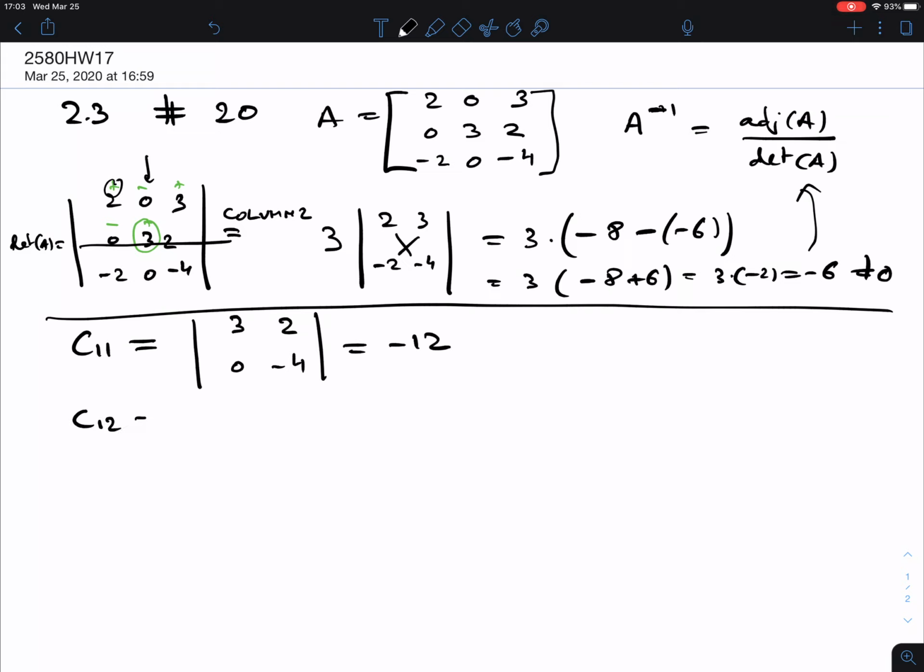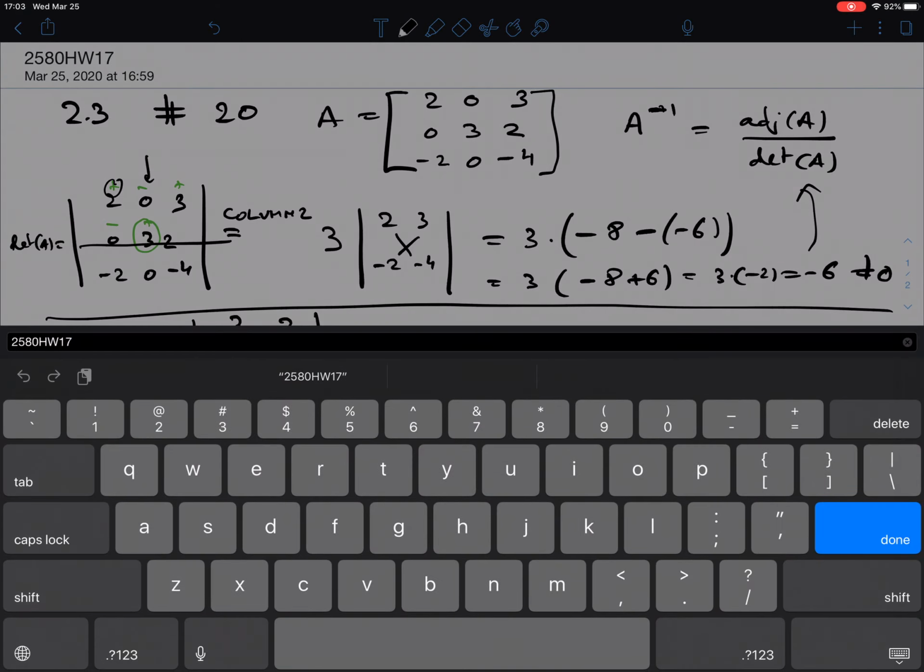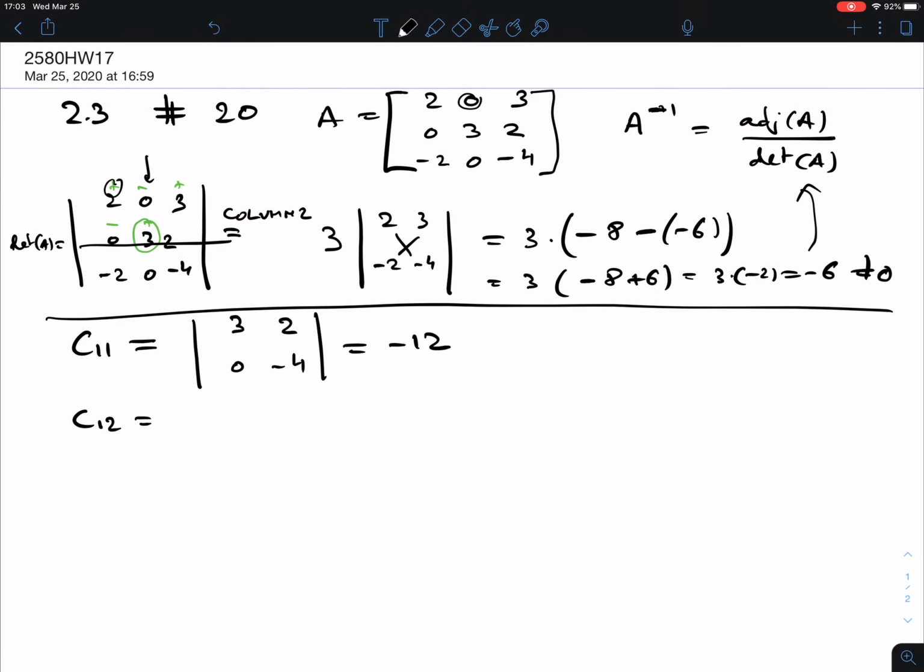C12, I don't know in which order to do it, I just take C12. I'm actually talking about this element now, so I'm going to delete this row and this column. What's left is 0, 2, negative 2, negative 4, but I have a negative sign, so minus here.